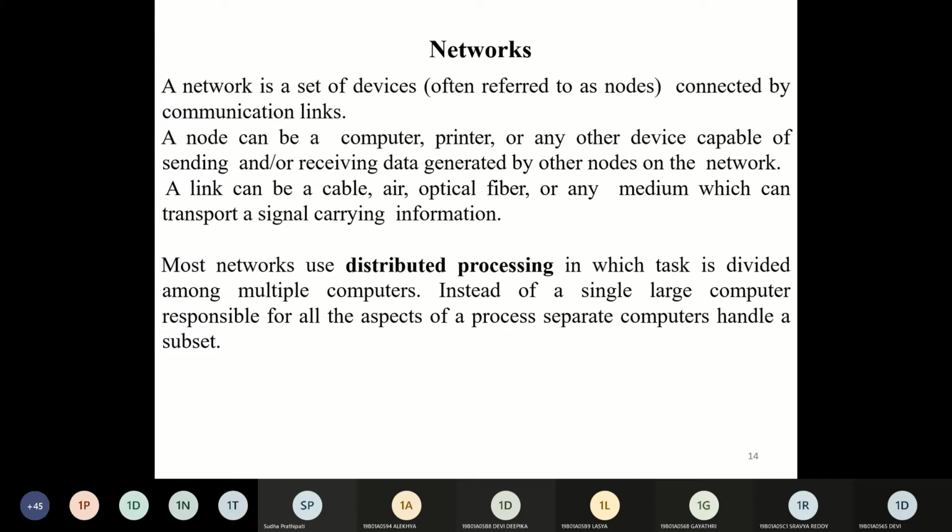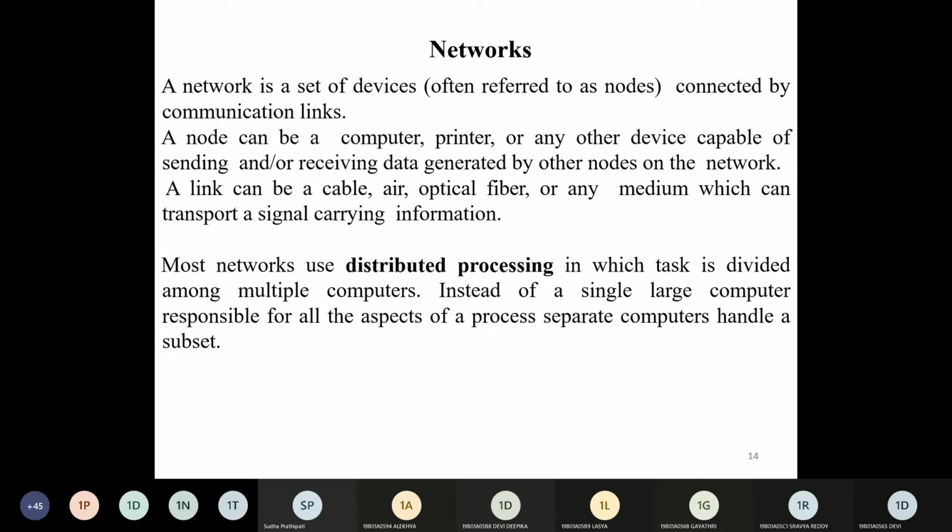As we said, a network is a set of devices, so a set of nodes. A node can be a computer, a mobile phone, a printer, or any other device that is capable of generating and receiving the information, the data.